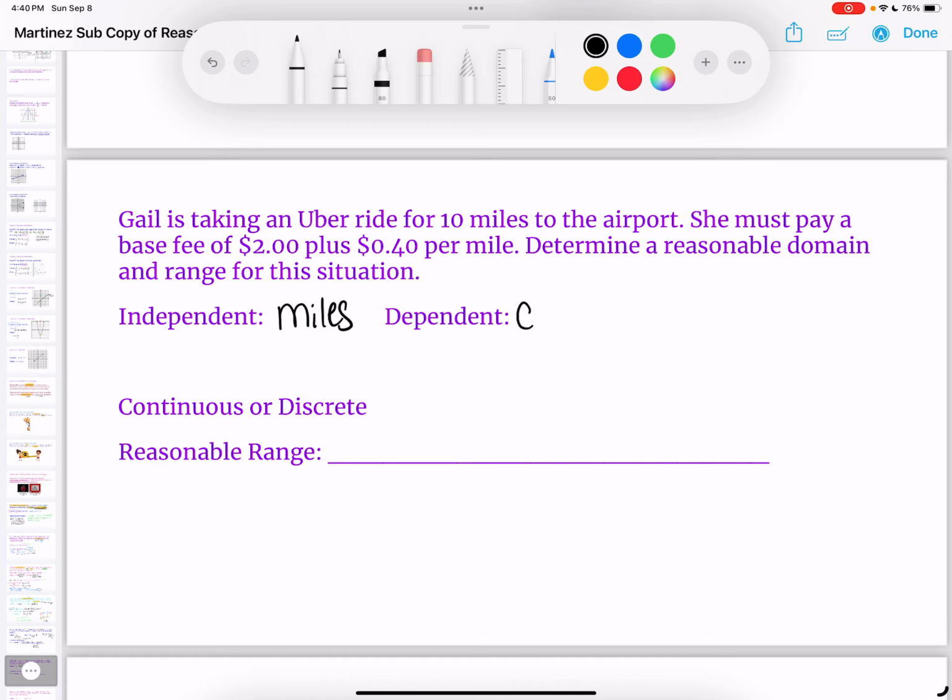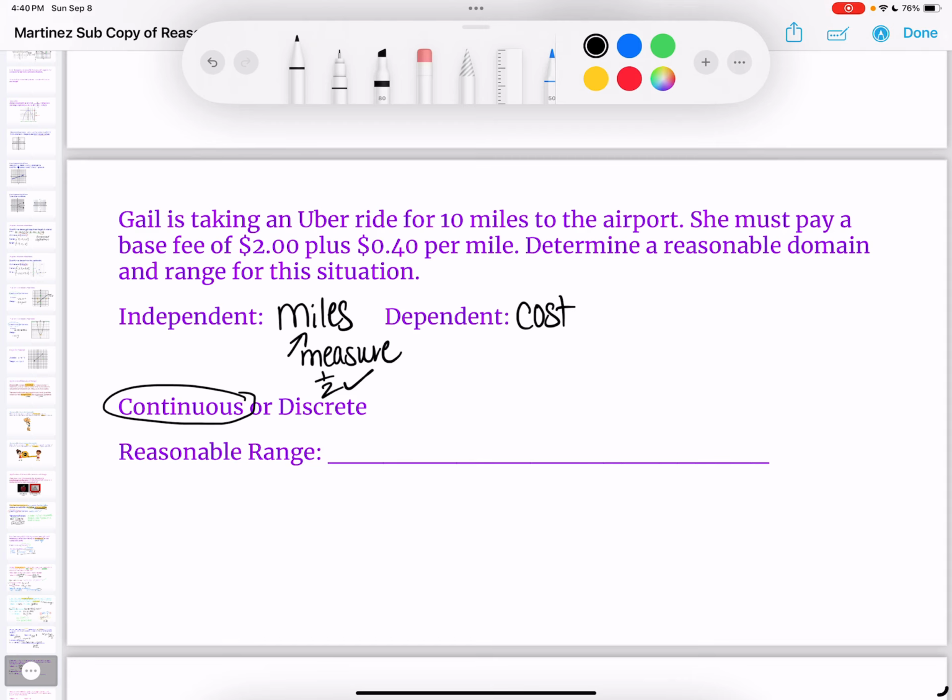So miles is something we measure, not count. You can do half a mile, that works. So that means we're going to be a continuous range. So we need to take a look at the reasonable range.